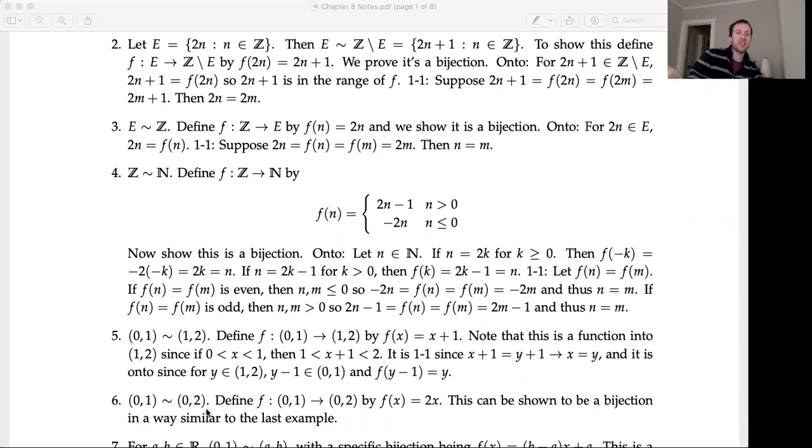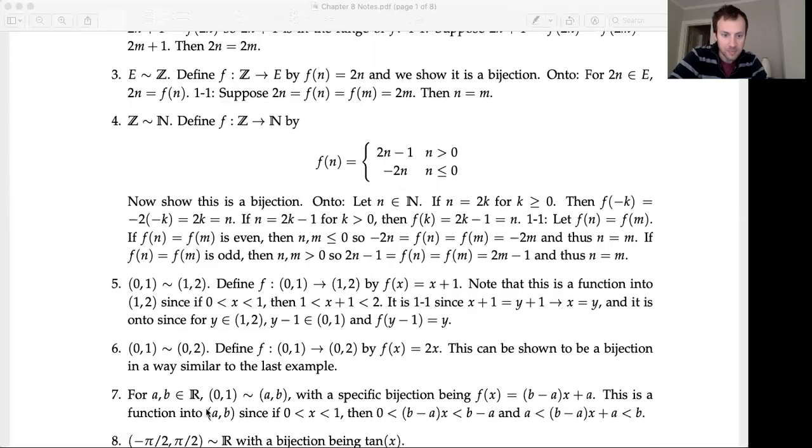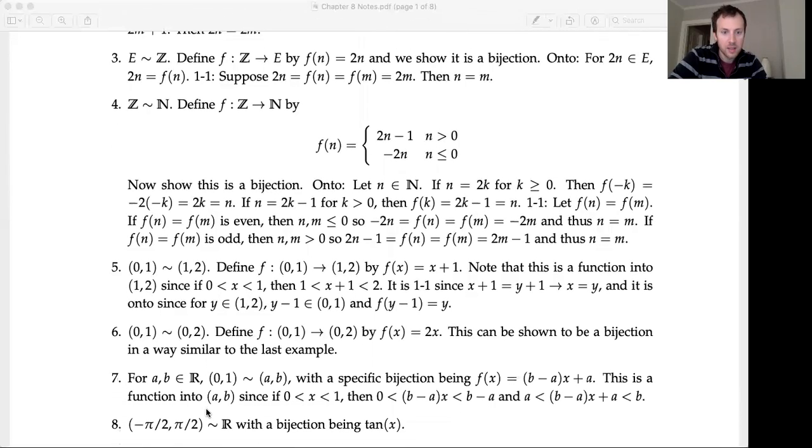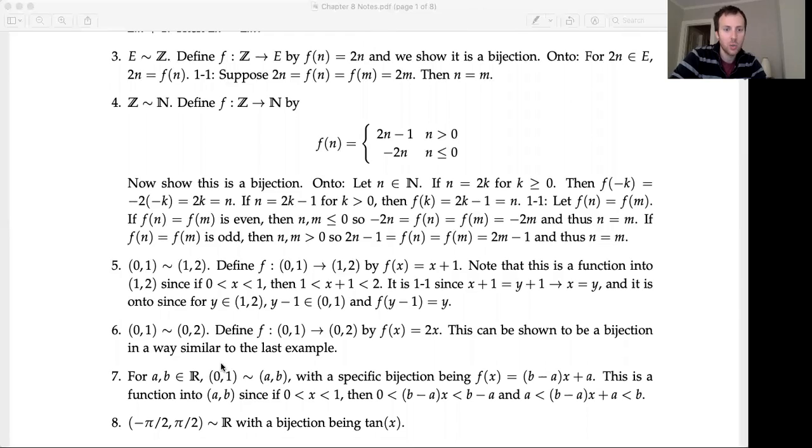But what we're seeing is, with infinite sets, as far as size goes, some things are unexpected. And in fact, (0, 1) is equinumerous to every finite interval (a, b), because we can come up with a specific bijection.